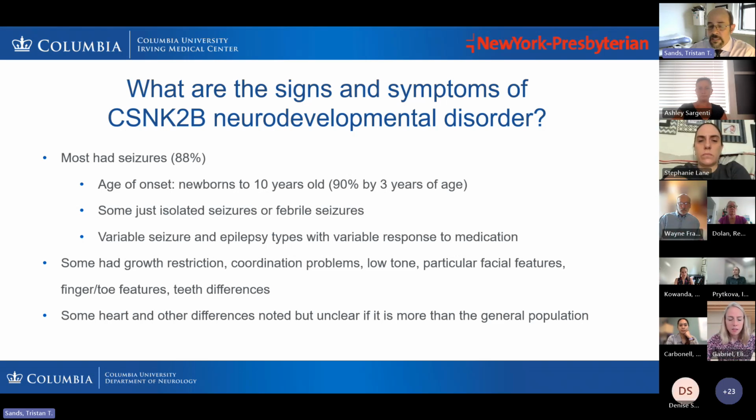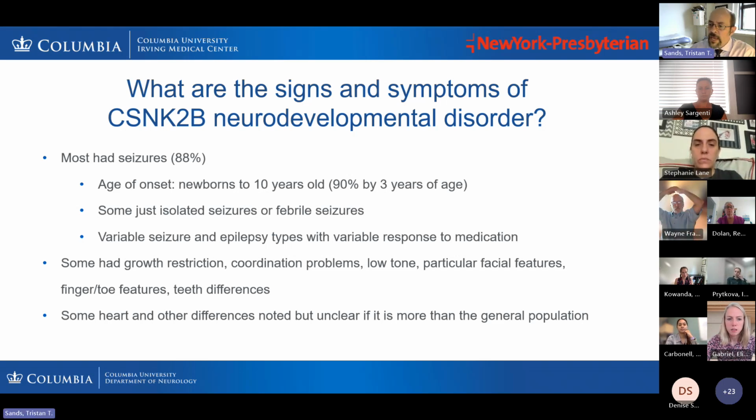Certainly the myoclonic seizure phenotype keeps coming up again and again, like it did in the initial reports. But that's not the whole story. There are lots of different epilepsy types, seizure types, and a lot of variable response to medications, with some patients having to go into the hospital repeatedly for status epilepticus, which is why it showed up in that study.